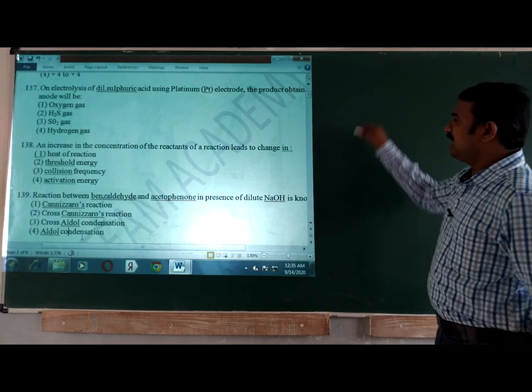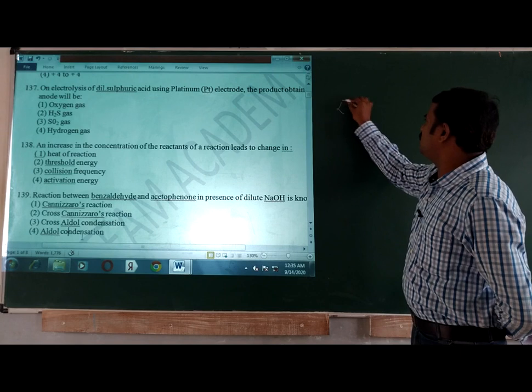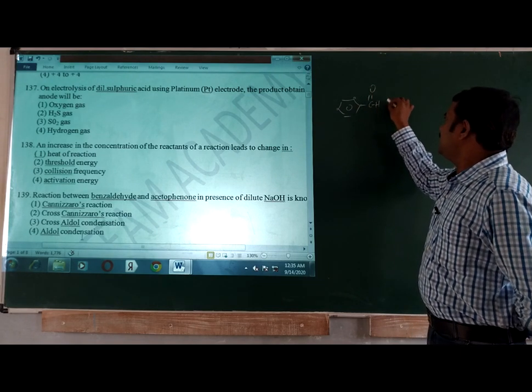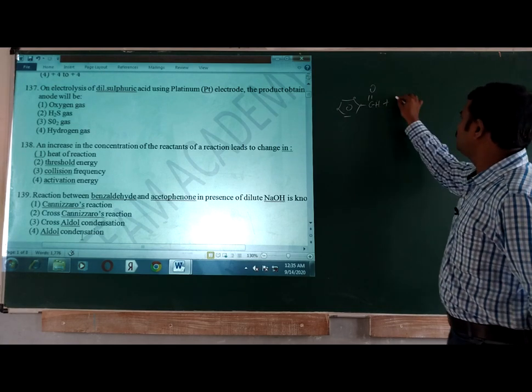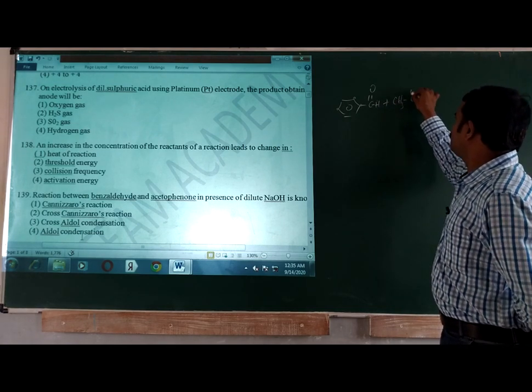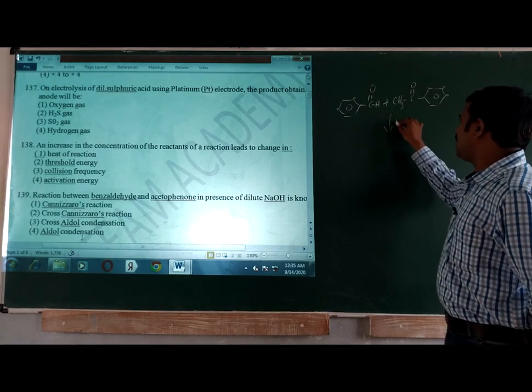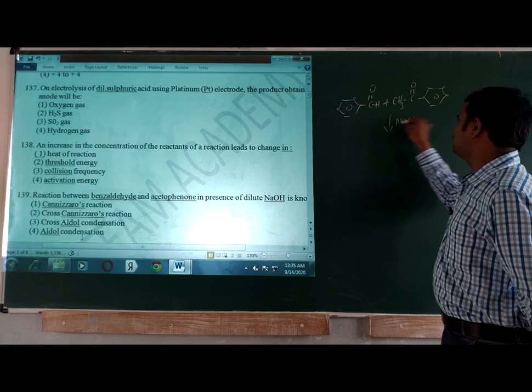This is benzaldehyde, which reacts with acetophenone in the presence of dilute sodium hydroxide.